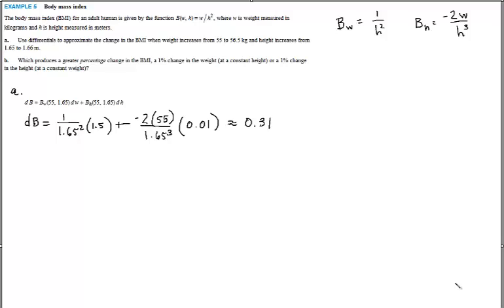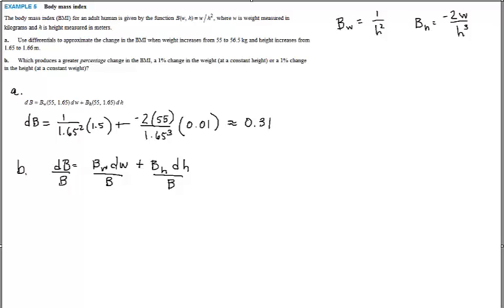Our next problem wants us to look at this in terms of a relative change instead of an absolute change. So we're going to change this formula somewhat so that I can get relative change introduced to this. The first thing I need to do is divide our differential equation through by the BMI in order to get this relative change.